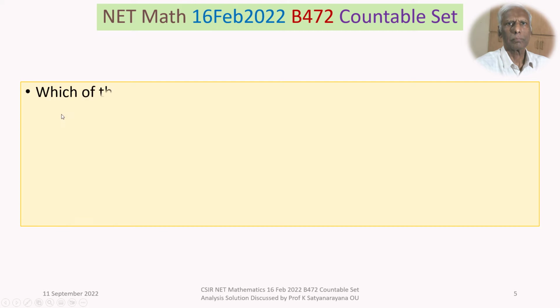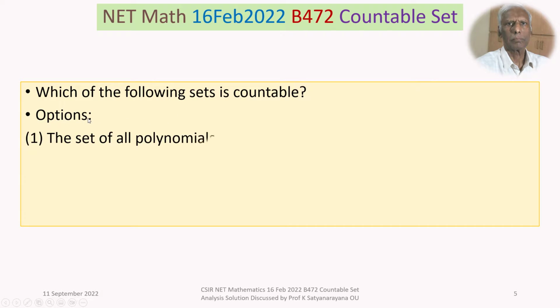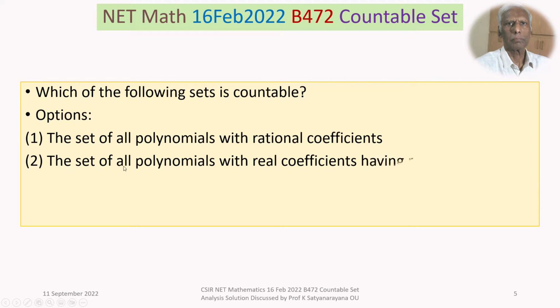The problem is, which of the following sets is countable? We are given four options. Option 1, the set of all polynomials with rational coefficients. Option 2, the set of all polynomials with real coefficients having rational roots.